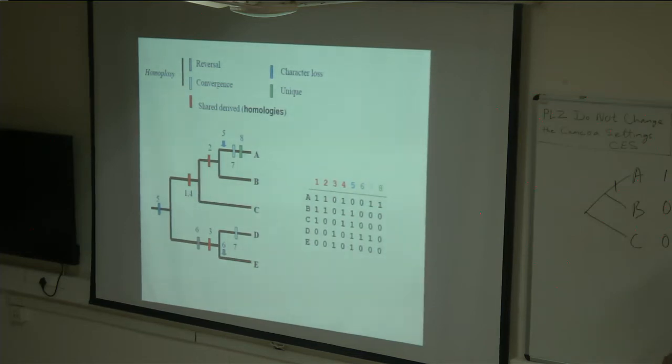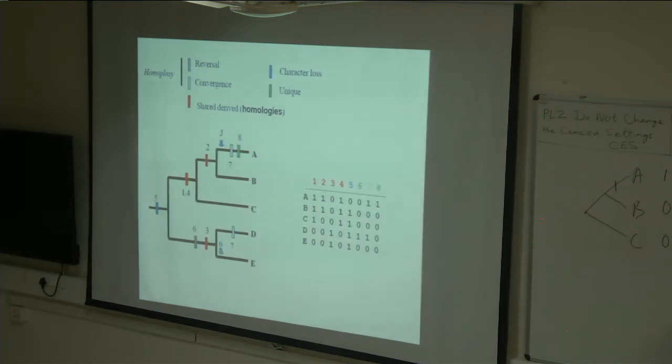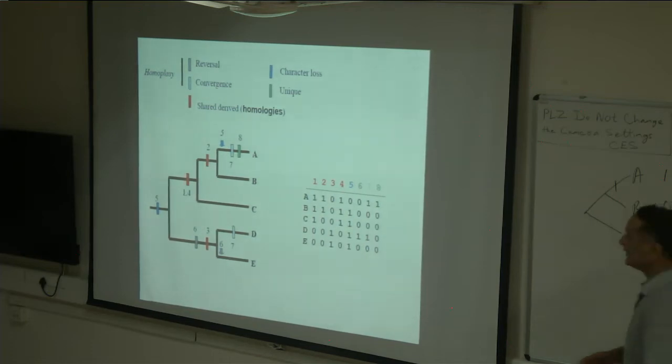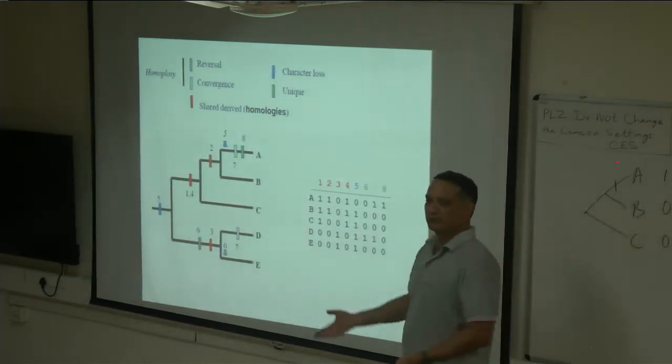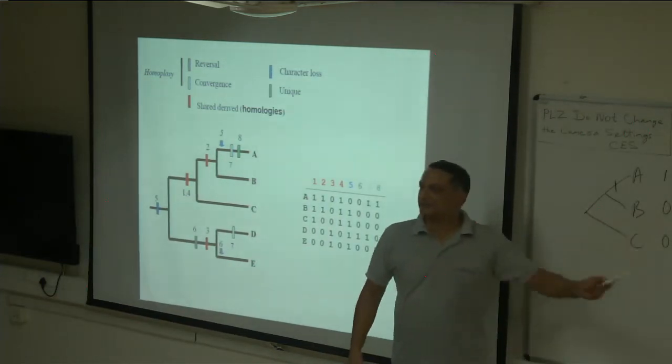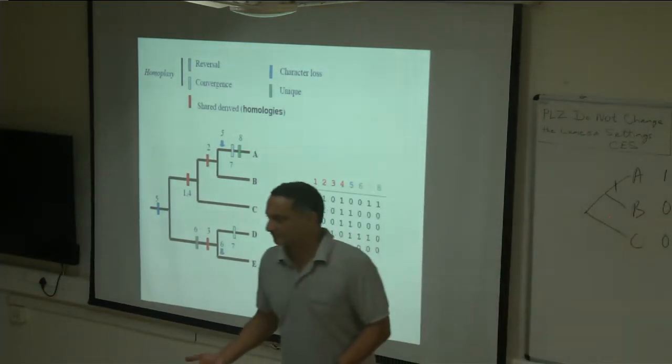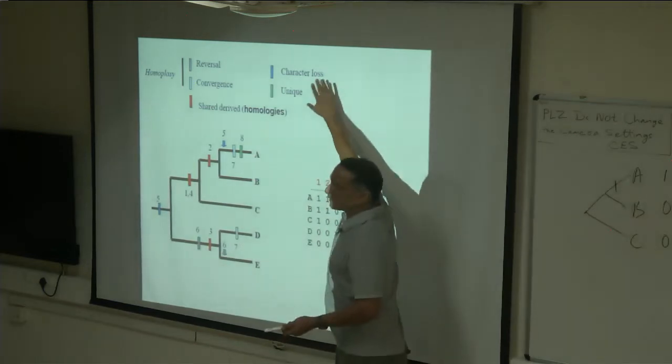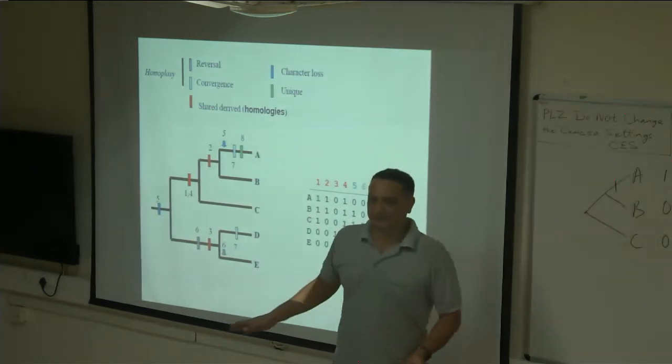Again, one change, right? So these unique changes are uninformative. You can't pick among these three trees which is the shortest. Character loss and unique changes are uninformative, you know.